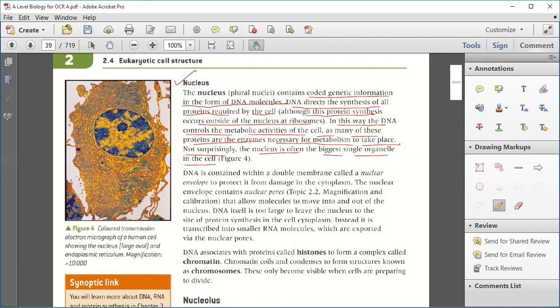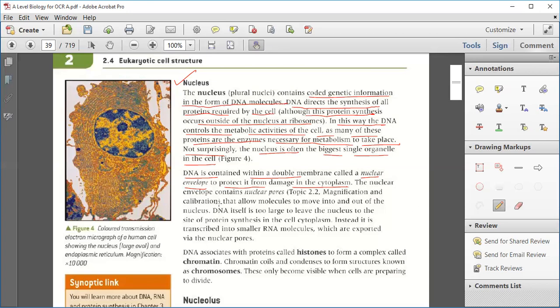Now DNA is constrained within a double membrane called a nuclear envelope to protect it from the danger of the cytoplasm. This double membrane is known as the nuclear envelope, in order to protect it from damage in the cytoplasm.